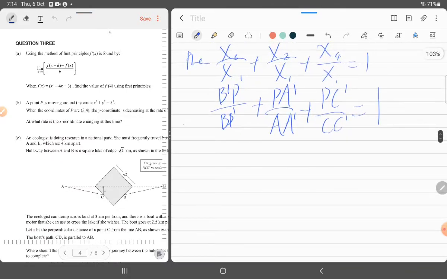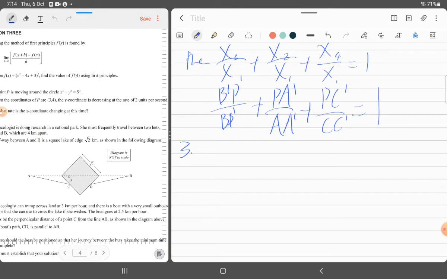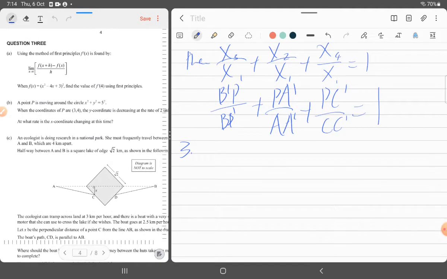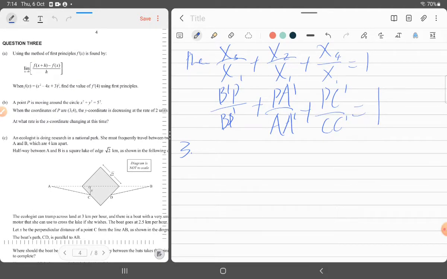On to question 3. Differentiate using first principles. So if f(x) is equal to x squared take away 4x plus 3 all squared.